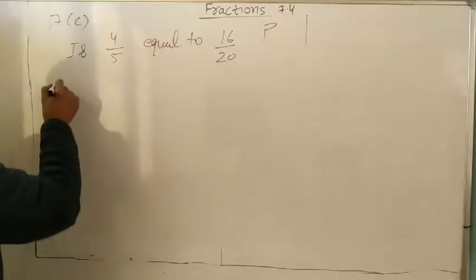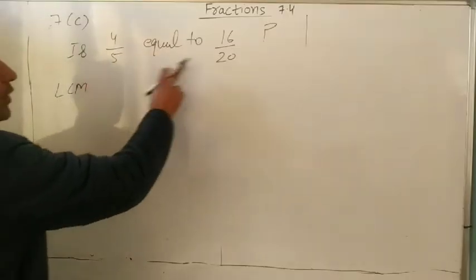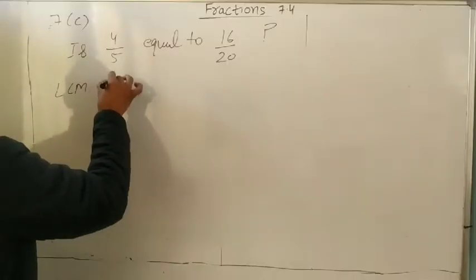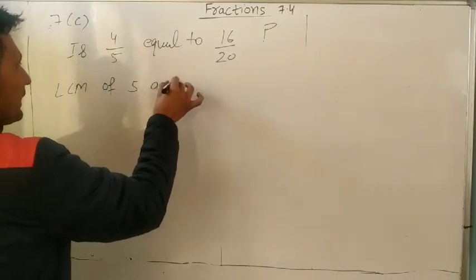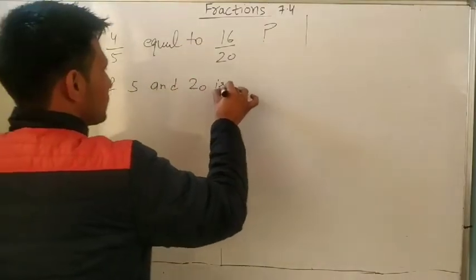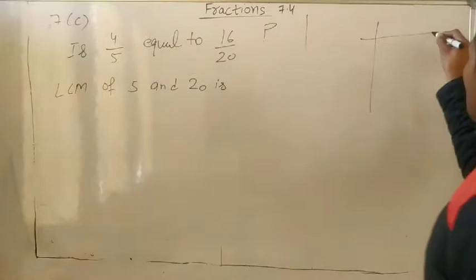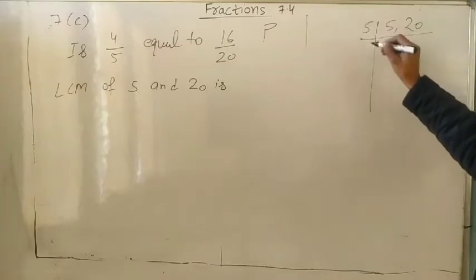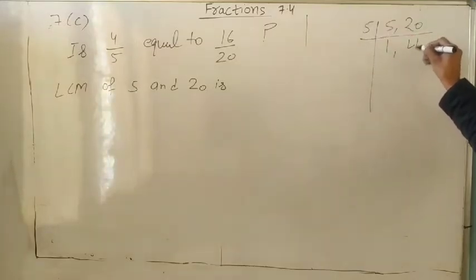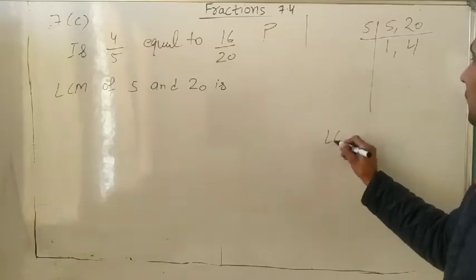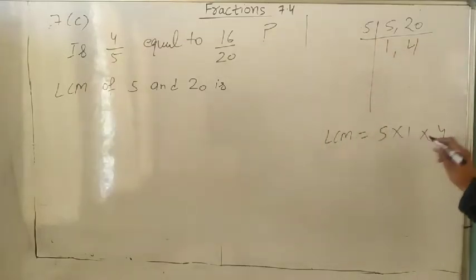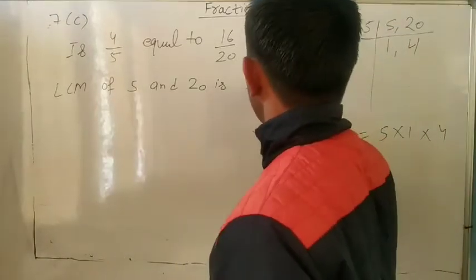We will first make the denominator the same, using the LCM. The LCM of 5 and 20: both numbers are not divisible by 2, but they are divisible by 5. 5 divided by 5 is 1, 20 divided by 5 is 4. So the LCM is 5 multiplied by 1 into 4, which is 20.